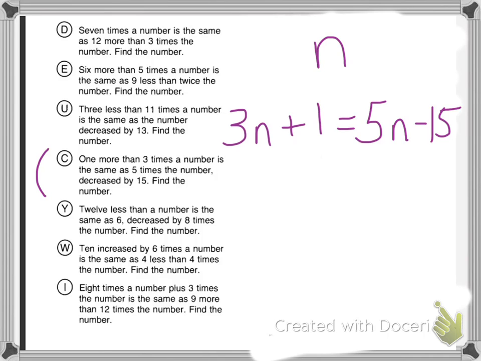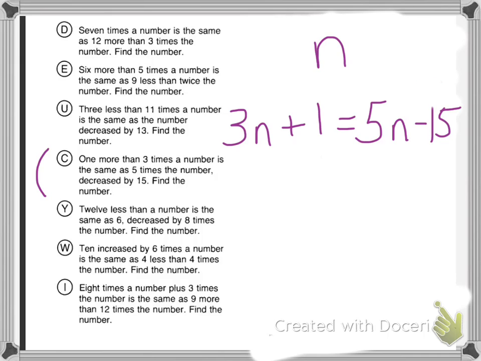The only time your order is reversed, where the number goes in the back, is when you hear more than something, less than something, decreased by, not decreased by. I'm drawing a blank on other words besides more than, shorter than, longer than, taller than, fatter than, skinnier than, all of those, but usually the word than is attached to it. Okay.